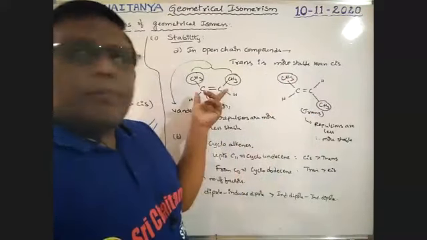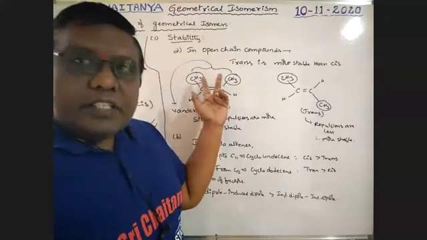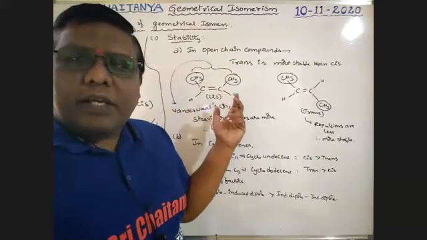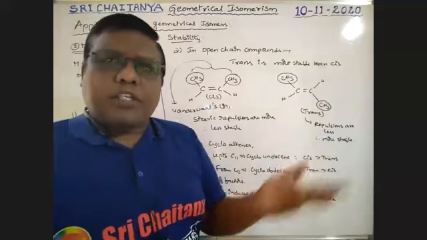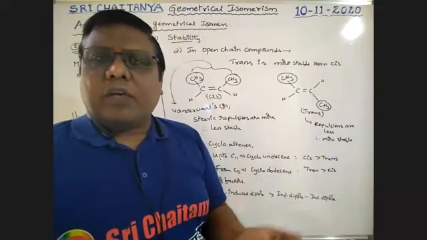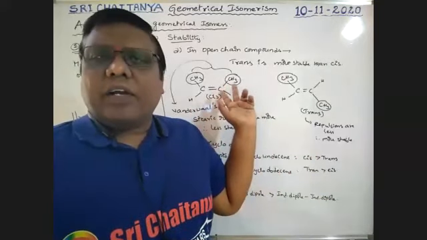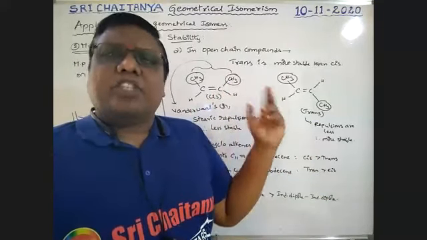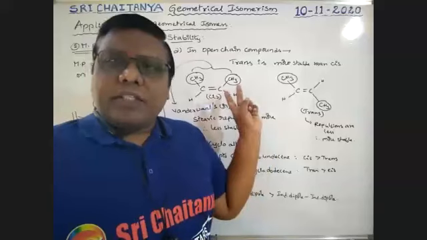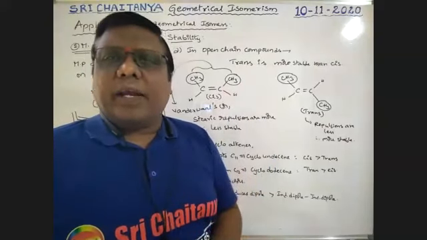But in cis compounds, these are very near to each other, on the same side. More repulsions are there, that is nothing but van der Waals repulsions or steric repulsions. Those repulsions are very, very high in case of cis compounds.